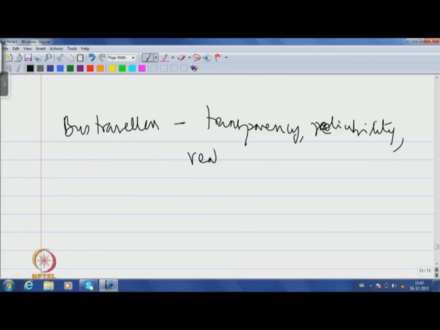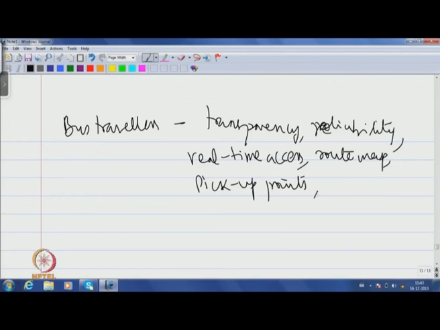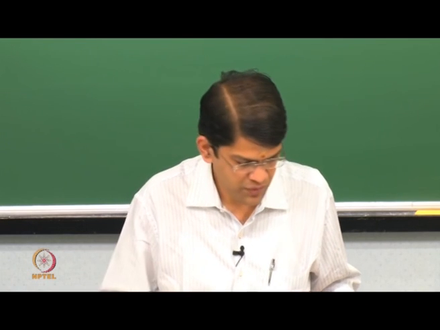It is real time access, it provided even the route map, pickup points, delivery modes, tickets could be delivered to the nearest delivery center or home delivery, seat preference. So, it was kind of an all-in-one that the bus travelers were able to get from this service.